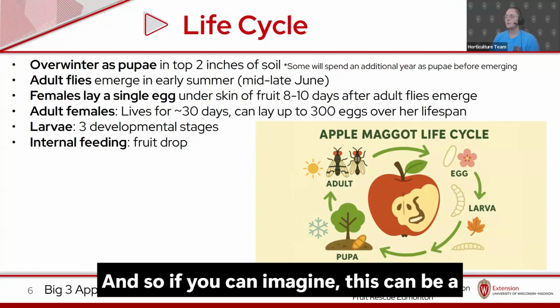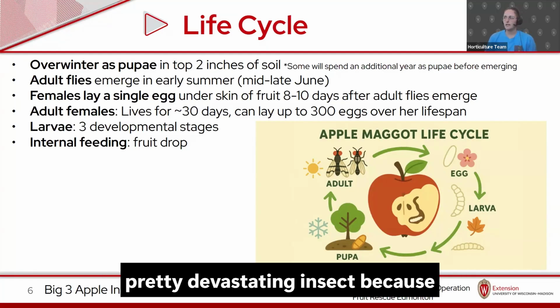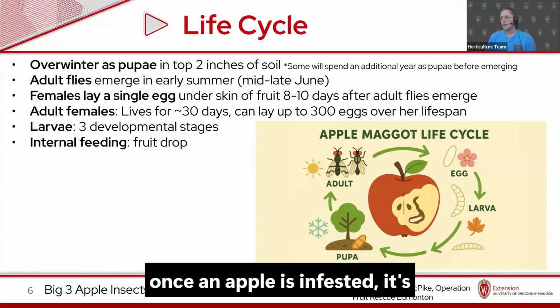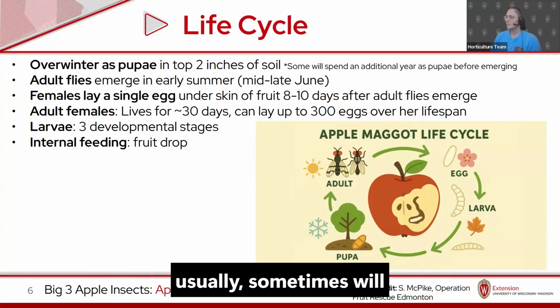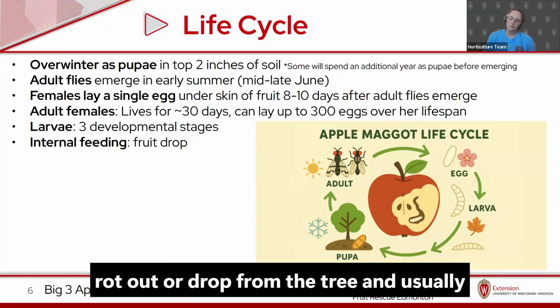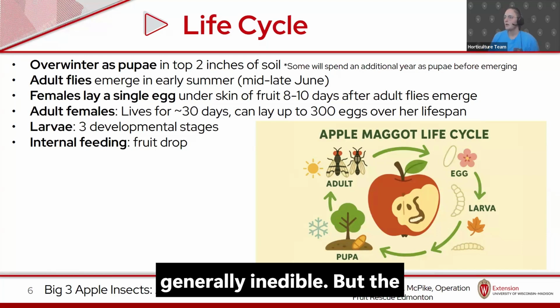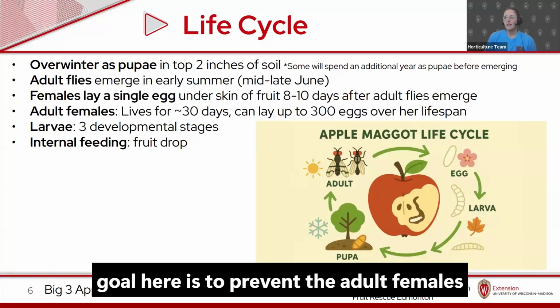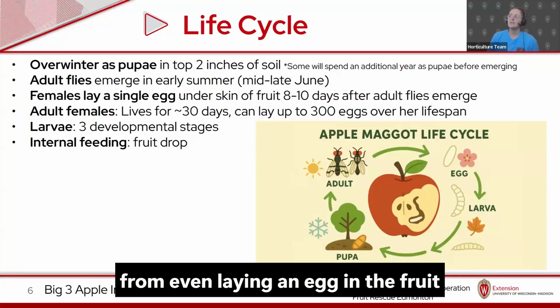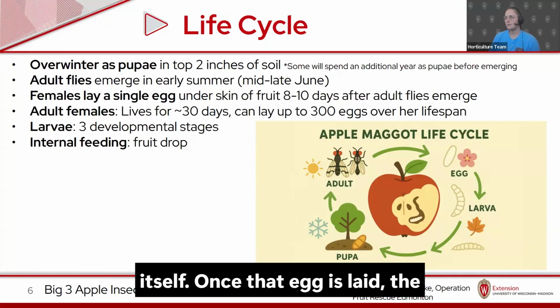So while she's just laying a single egg at a time, 300 eggs for a single adult female is quite a bit. If you can imagine, this can be a pretty devastating insect because once an apple is infested, it will often rot out or drop from the tree, and it usually isn't very appealing and is generally inedible. So the goal here is to prevent the adult females from even laying an egg in the fruit itself.